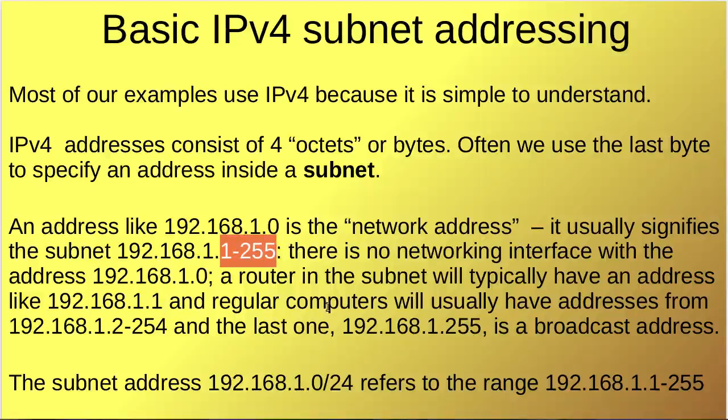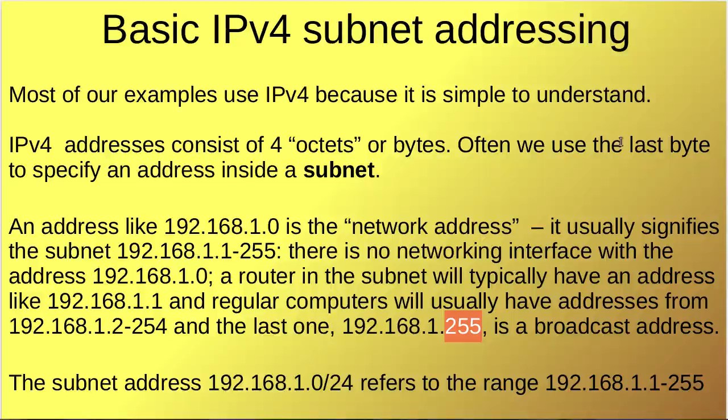Regular computers or LAN stations on that network will have addresses from 2 to 254, and you might ask what happened to 255. Well, the last one, the 255 address, is a broadcast address. That means that if you send to 255, all of the other machines from 1 through 254 will get that broadcast message. So that's usually how subnets are set up, although this is not the only way; there are plenty of ways you can do subnetting.